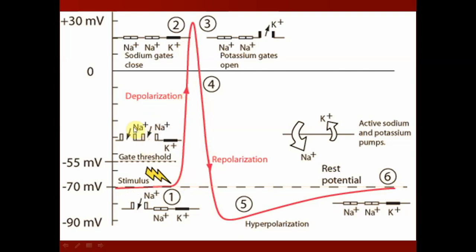The Na plus enters through voltage dependent channels from the extra to the intracellular medium. Then repolarization, which goes from plus 30 to minus 70 millivolts, where K plus ions exit through voltage dependent channels from the intra to the extracellular medium. This is also followed by a hyperpolarization where K plus continues to exit, and then the pump brings back the resting potential and all the ions go back to their initial positions.